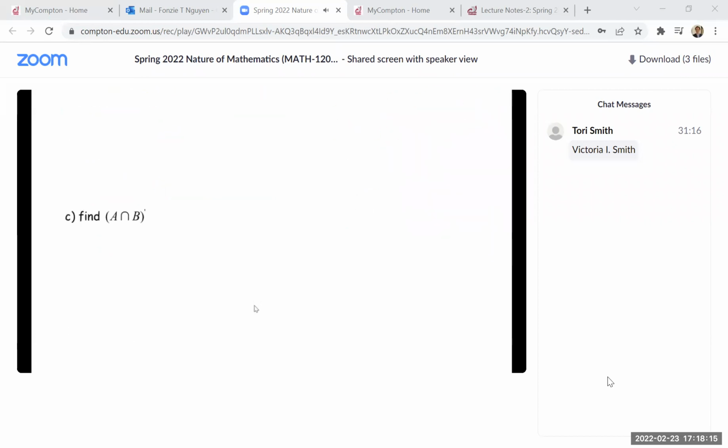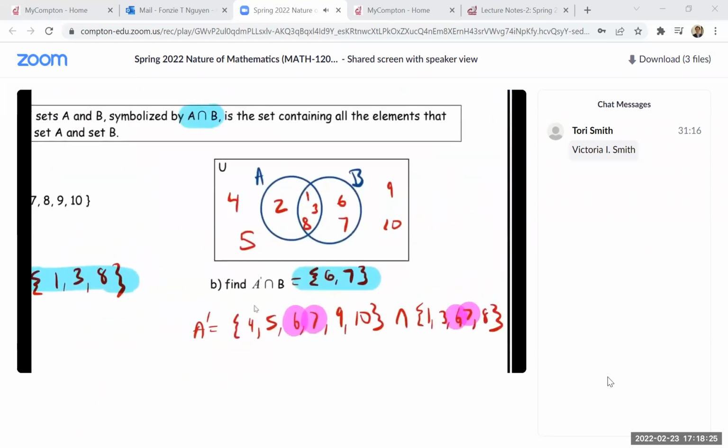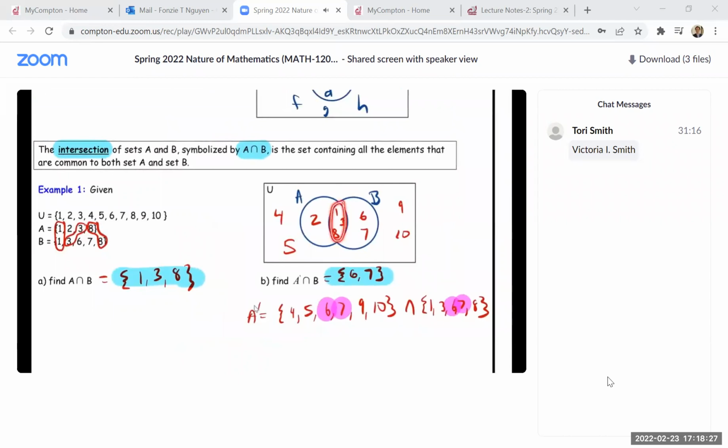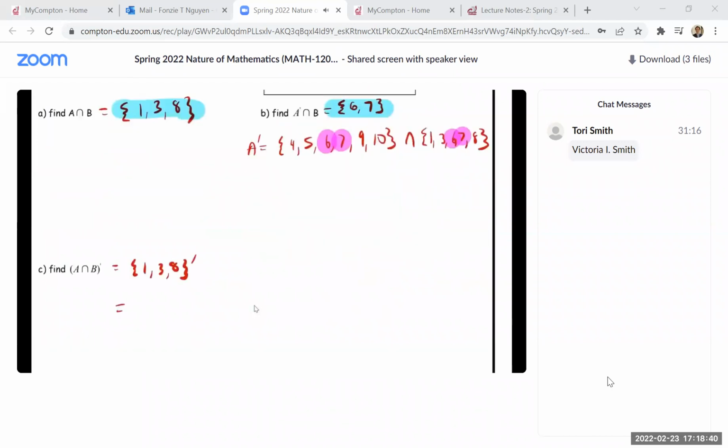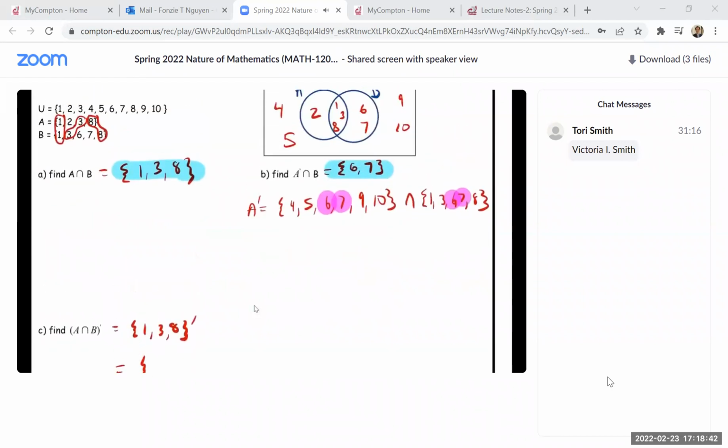So now we have to find the complement of 1, 3, 8. The complement of 1, 3, 8 is everything outside of 1, 3, 8. What's everything outside of that? 2, 4, 5, 6, 7, 9, 10. Yeah, exactly right. So everything except 1, 3, and 8.